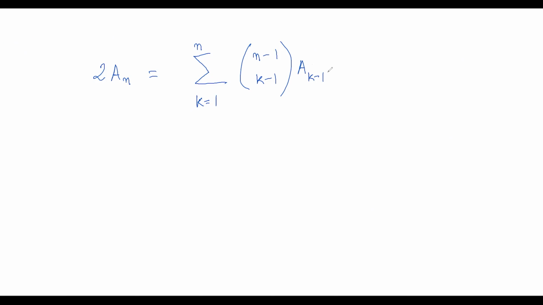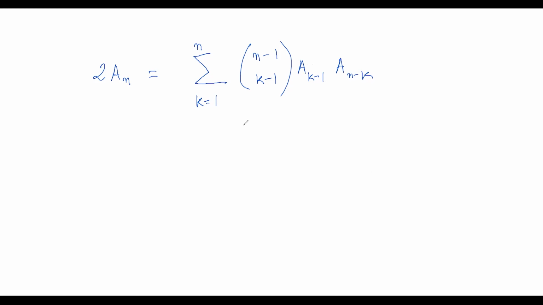Okay, so there are a k minus 1 sequences, and for each such sequence we have a n minus k sequences for the second group. And combining case 1 and case 2 together, we have this result, that is 2an is equal to summation k going from 1 to n, n minus 1 choose k minus 1, a k minus 1, a n minus k.